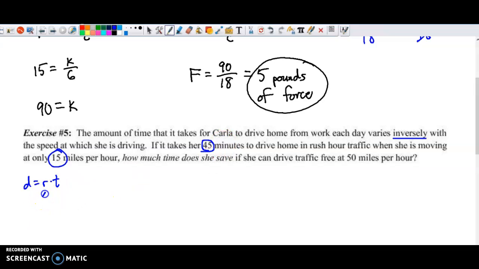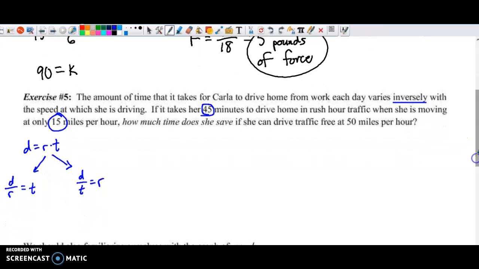So I'm just confused on which one for a second. And that's the thing, it doesn't actually matter which one of these variables. Like if you write d divided by r equals t, or d divided by t equals r. That's why these words might seem weird. But that's where the other formula actually comes from. If you prefer the method where they write it out, that 45 times 15 is equal to 50 times, you just might not really know what you're solving for unless you read this carefully, that you're solving for time.